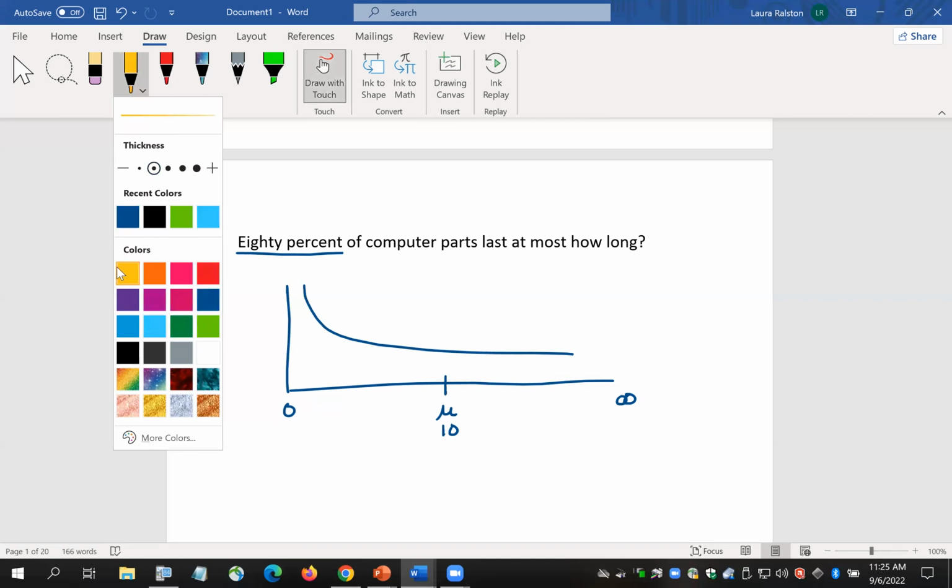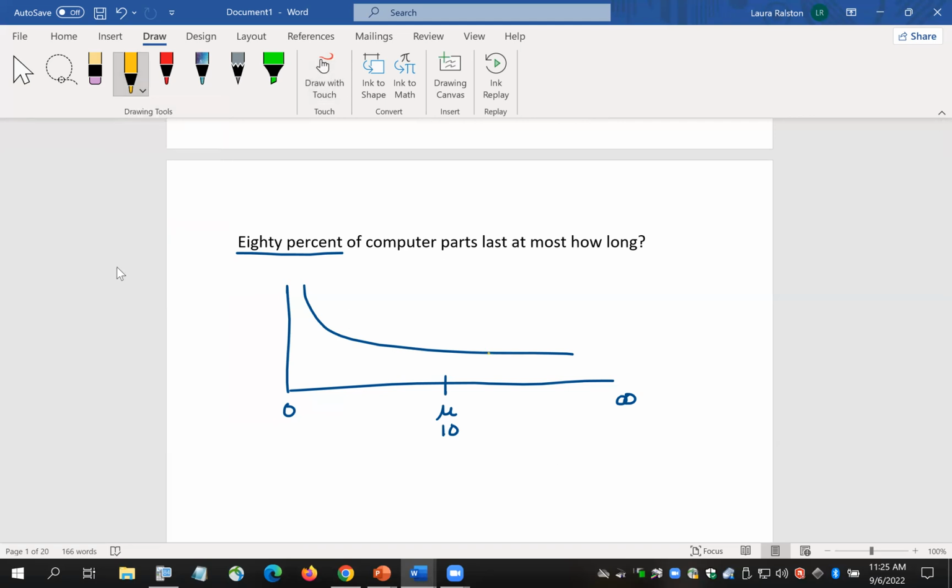So it's kind of like I already know it lasts at most. Okay, so I'm just going to make a mark here. So between here and the end, this region that we have here corresponds to the 80%, which we write as a decimal.